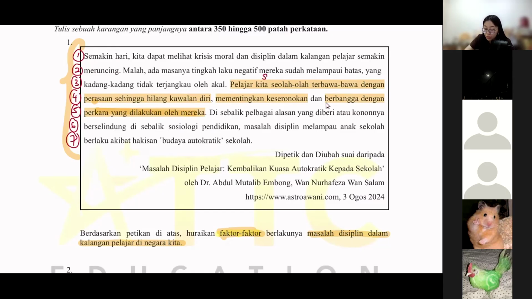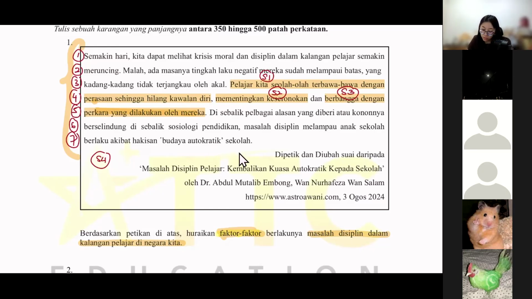So this is your isi pertama, isi kedua, isi ketiga. Now, they don't have isi keempat. So what is the isi keempat? What do you think? Apakah faktor yang lain yang menyebabkan masalah disiplin dalam kalangan pelajar semakin berleluasa? Number 7.